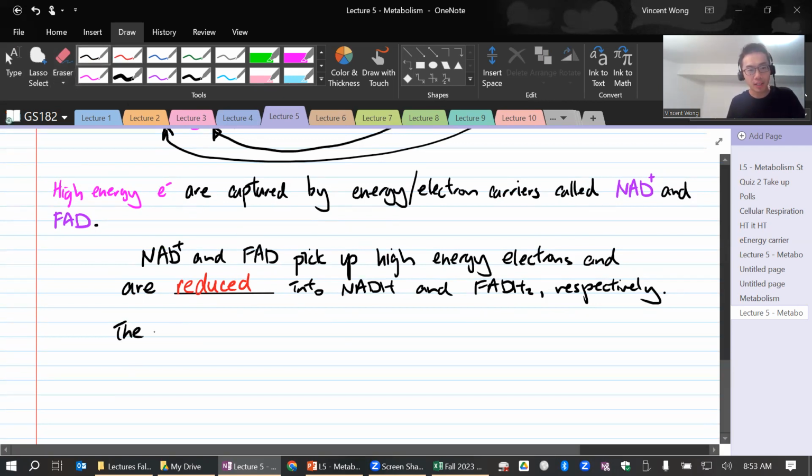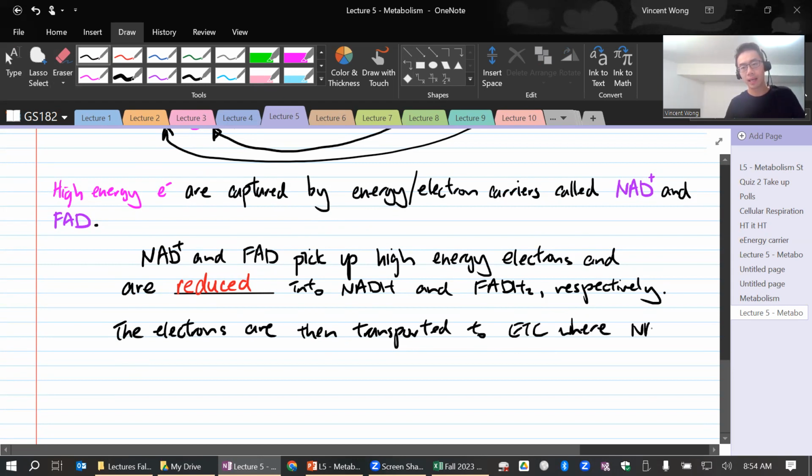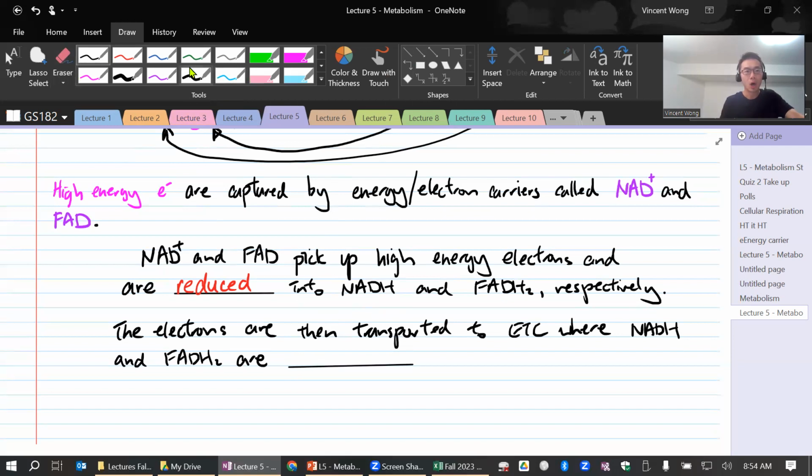The electrons, let's finish this sentence, right? The electrons are then transported to the ETC, where NADH and FADH2 are, the electron gets off, right?